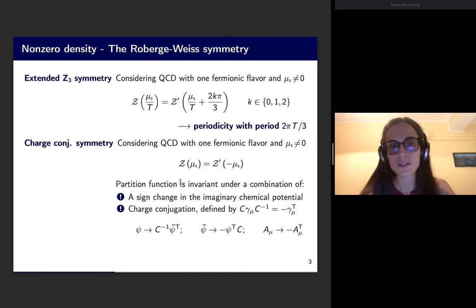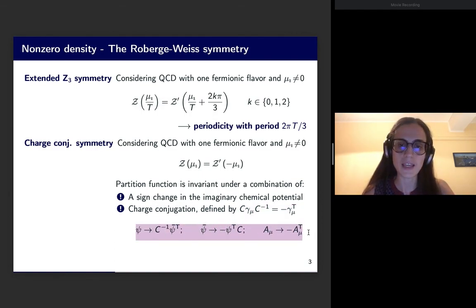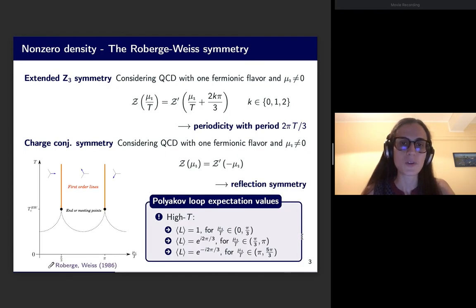That is to say, the partition function is invariant under a combination of a sign change in the imaginary chemical potential along with a charge conjugation transformation, which is defined in this way, and that acts on the spinors and gauge fields in the way I am writing down in the slides. What this gives us, at the level of the phase structure of the phase diagram, is reflection symmetry around the mu equals 0 axis.